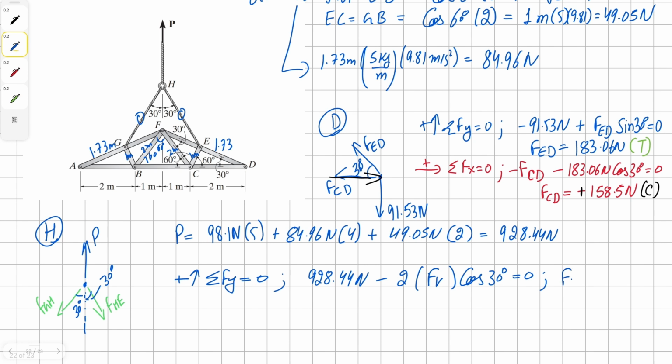Solving for vertical force, we get our solution as 536.3 Newton each. So that means our force for GH is going to be 536.03 Newton, and another 536.03 Newtons for HG.